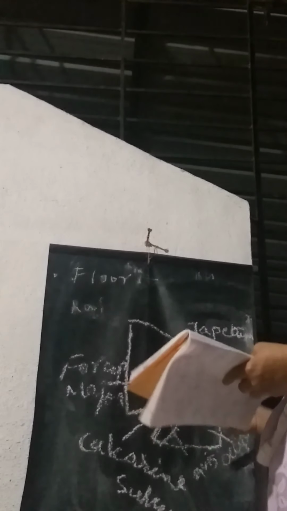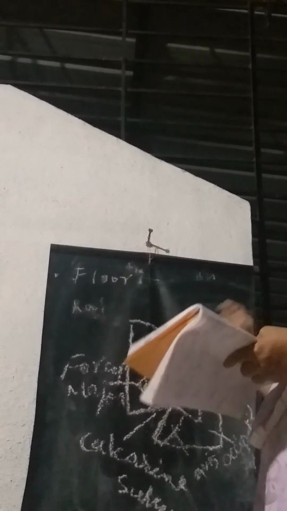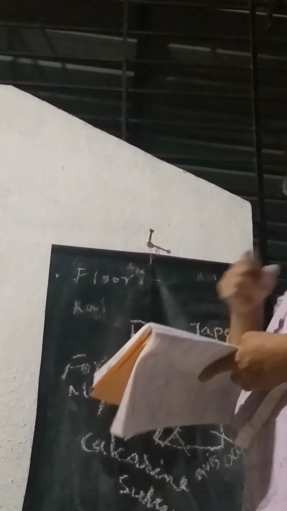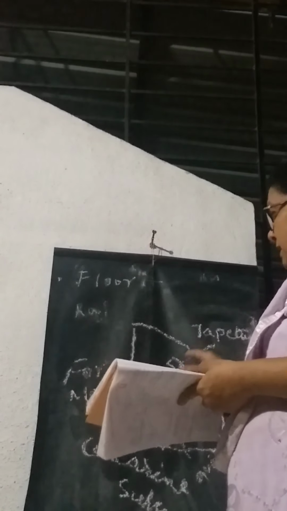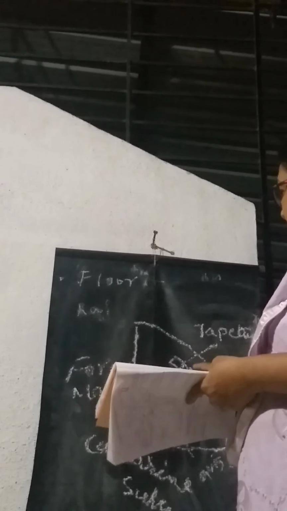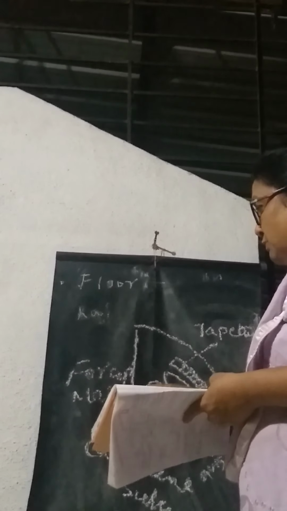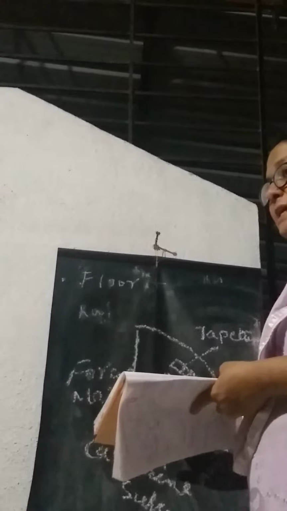It is a part of the occipital lobe. So, to repeat again, the posterior horn of the lateral ventricle, the roof is formed by the tapetum, and the floor is formed by the forceps major and the calcarine sulcus. Got it? I hope things are easily understood by you.